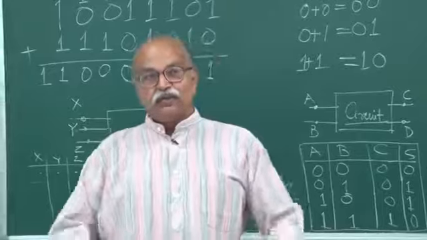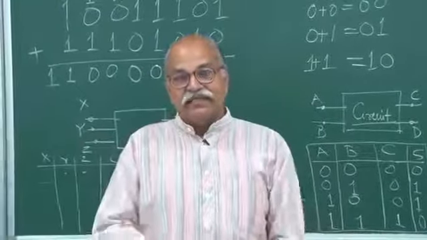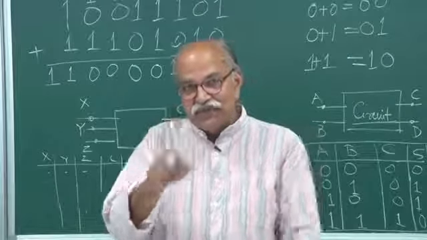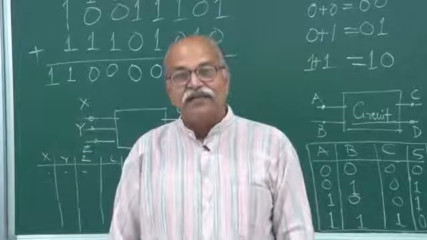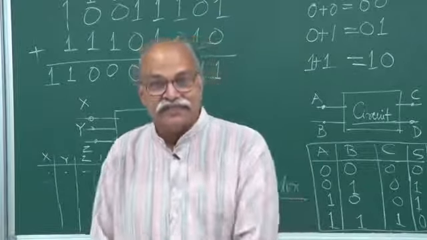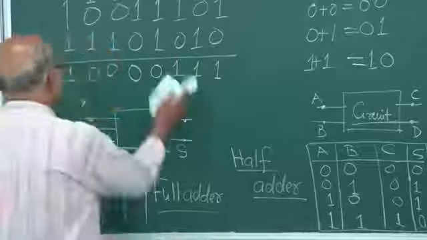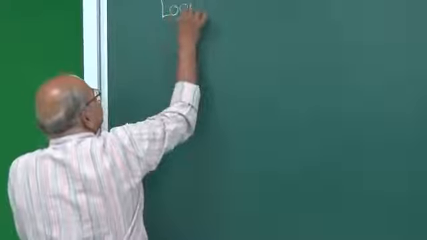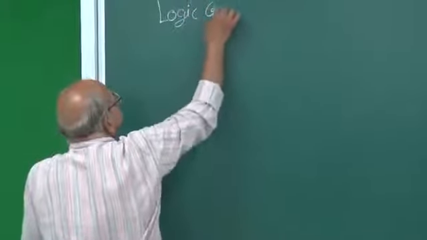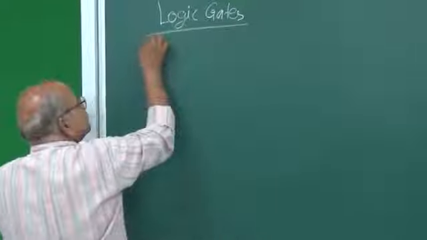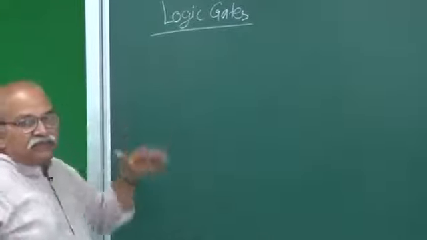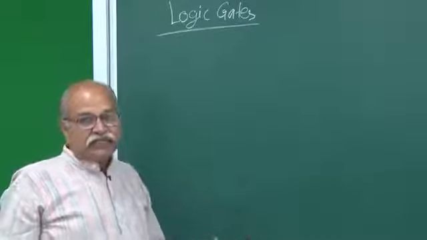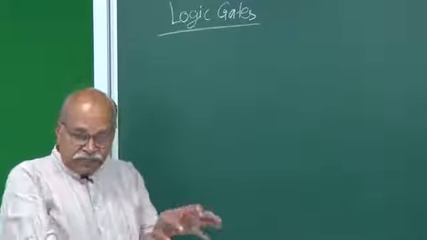Now, to design such a circuit, the basic blocks with which you design complicated circuits are called logic gates. These are themselves digital circuits, and there are several of them that I will describe, and these are taken as the basic blocks.